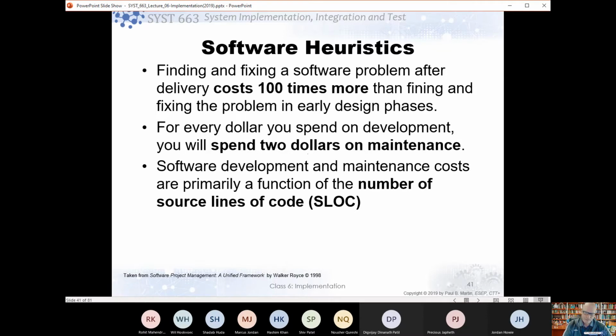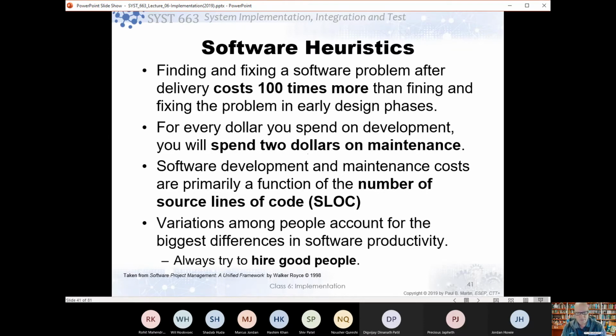Now, there are some aspects to source lines of code that can be questioned. Some people like looking at function points, but if you do it correctly, you can actually see the cost of your software development and the type of maintenance costs you need by looking at the source lines of code as you go forward.